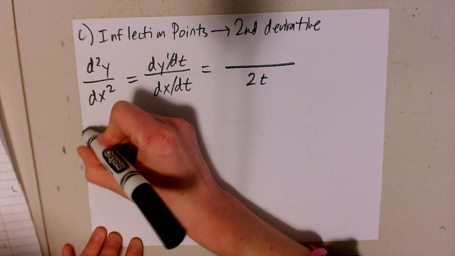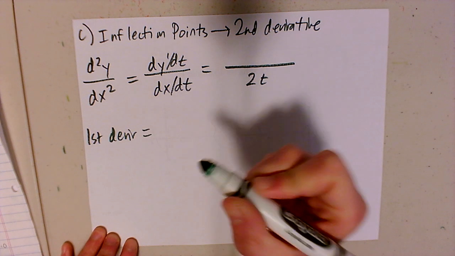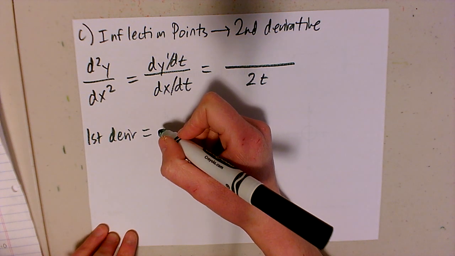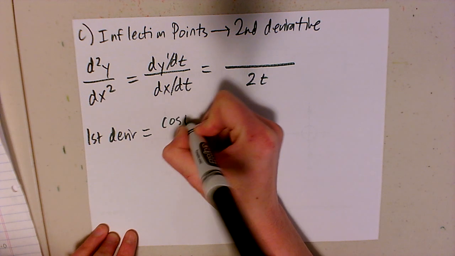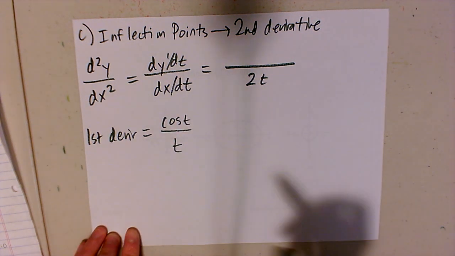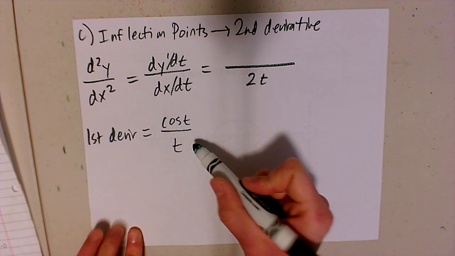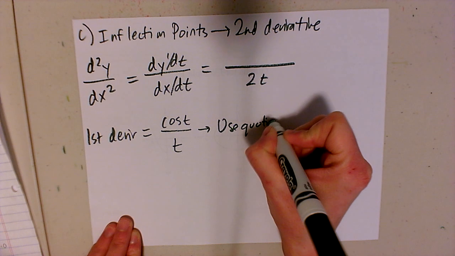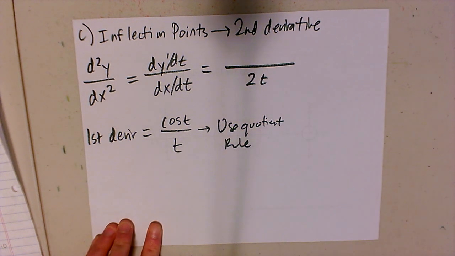Remember, our first derivative we simplified to be cosine t over t. Now we want to take the derivative of this, and since this is a rational expression, we can use our quotient rule, which we haven't used in a while. Quick review, this is a good chance to review before the AP exam.